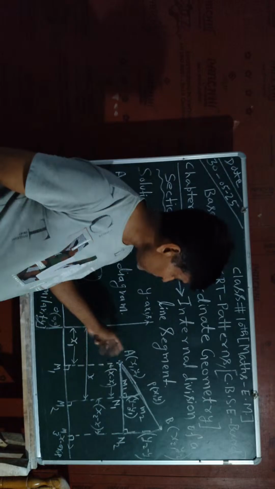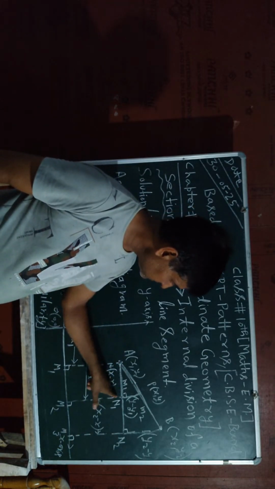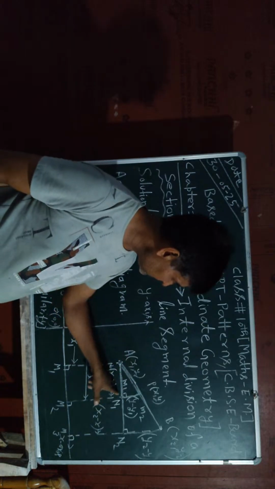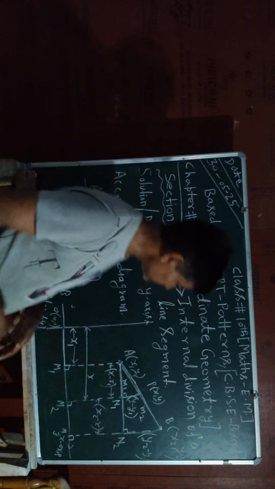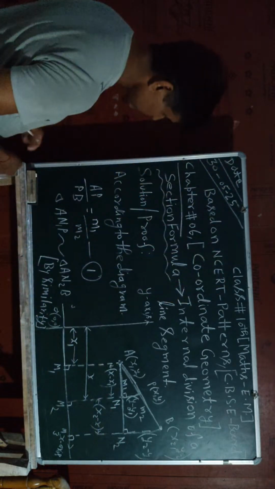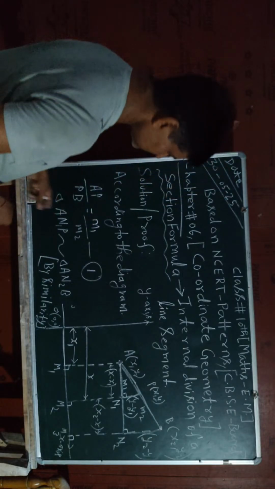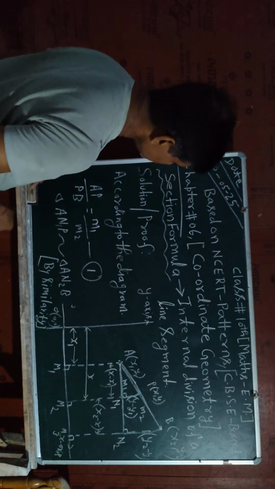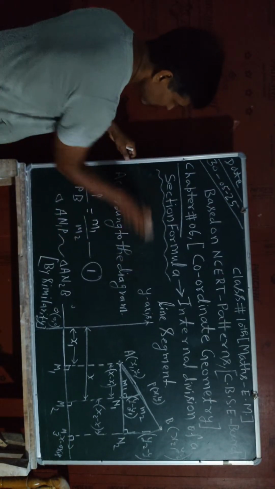Therefore, I will write the information: the length of AN1 divided by the length of AN2. I have to save this information because further I need it, so I am going to save it at this location.